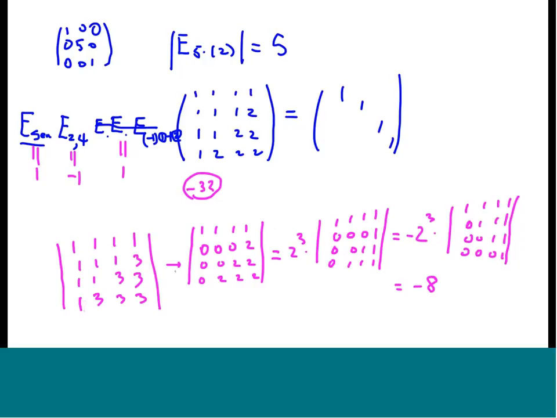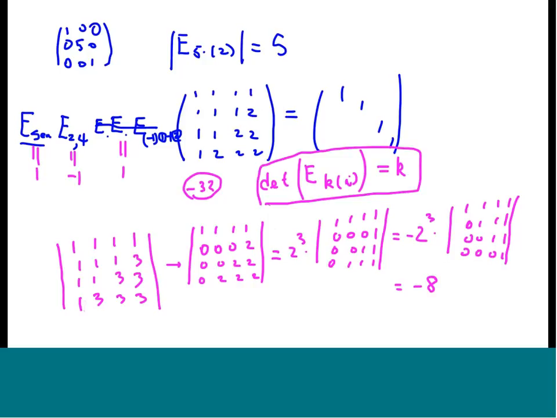Yeah, because this is called determinant K times I. It's only K only. Third kind of matrix. It's not K times K times K times K. It's K only. Right?